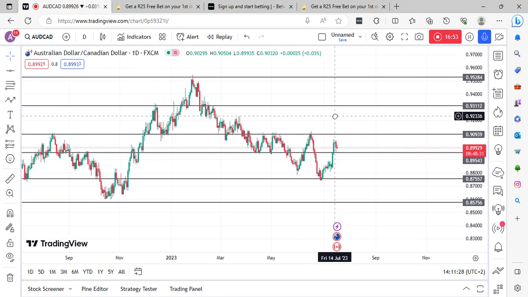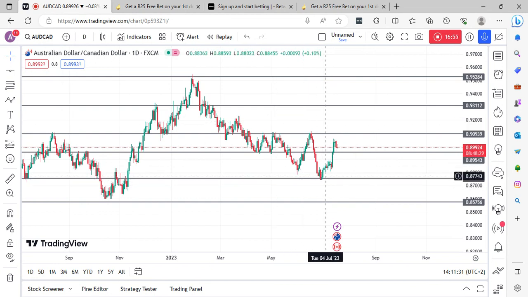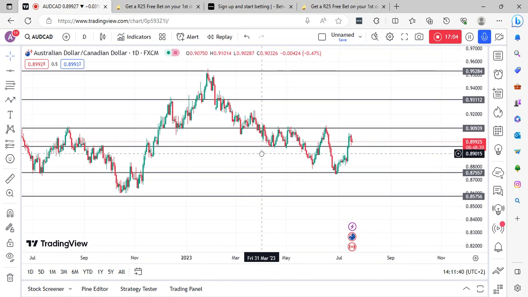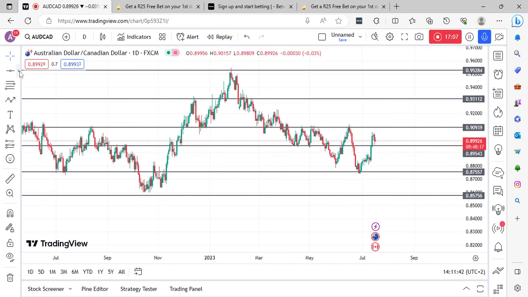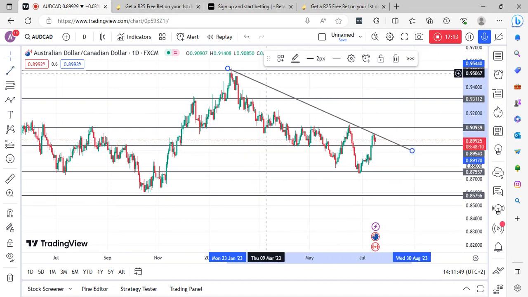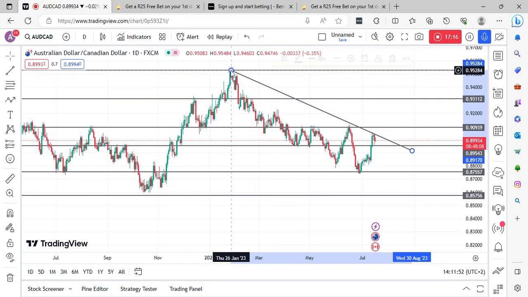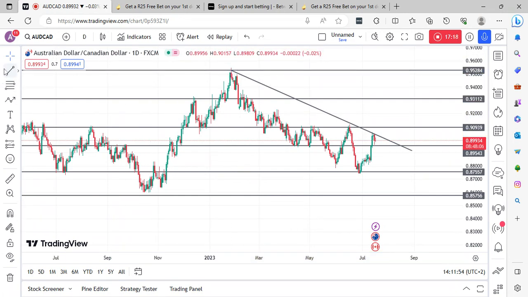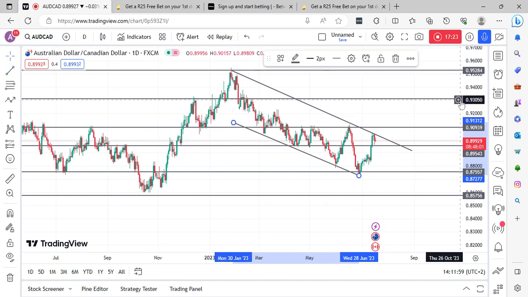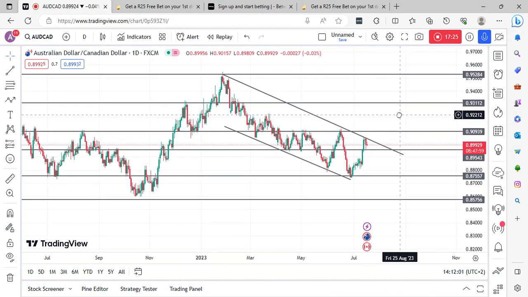Right now, you could see that the market was trending bearish, and then eventually it looks like the market broke a specific trend. This is how it's moving right now. We'll put our trends there. Your trend line, you put it where you can see there are a lot of touches.